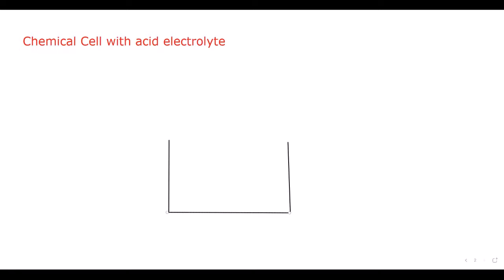It won't work if the metals have the same reactivity. So we should always use two metals with a difference in reactivity. In the example, we took zinc and copper. So we have zinc here, we have copper, and the electrolyte is acid electrolyte.